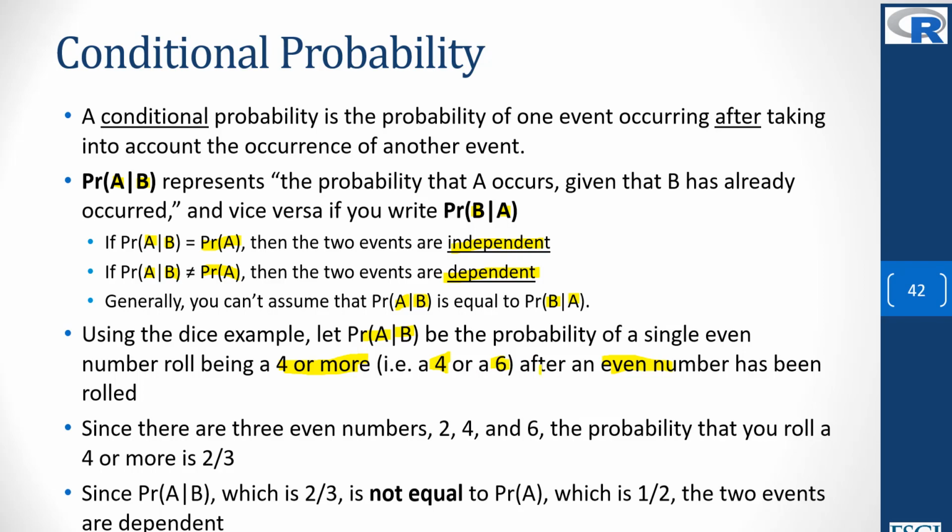So there's 2 out of the 3 that would result in a successful event for us. So the probability of 4 or more after we rolled an even number is 2 out of 3. That is not the same as the probability of rolling 4 or more independently, which is 1/2. So these two events are dependent.